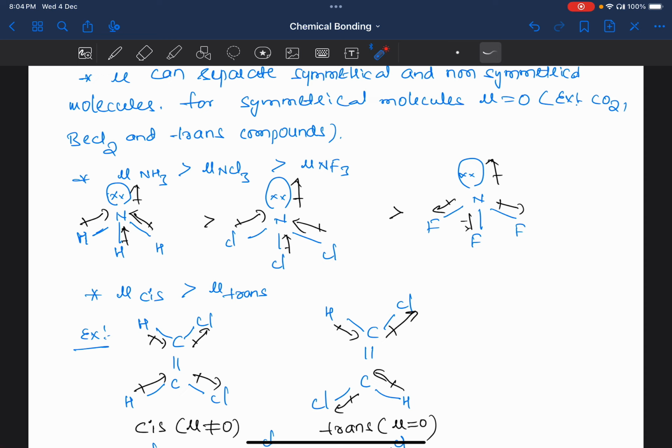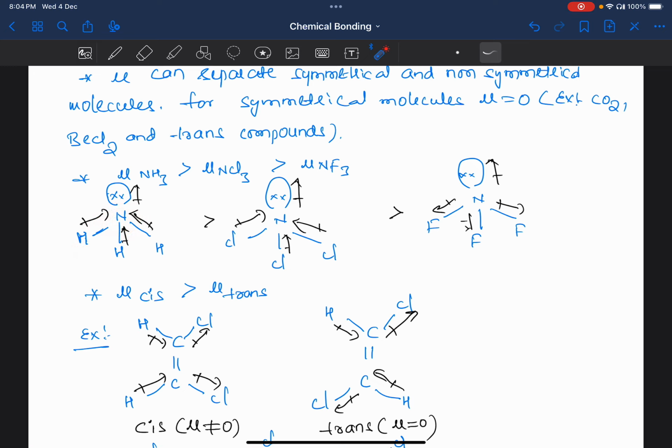I wrote the clear structures. First, I will explain ammonia. In ammonia, the hydrogen atom is the less electronegative atom, therefore three upward directions are given. Dipole moments are always indicated from the less electronegative atom to the more electronegative atom.